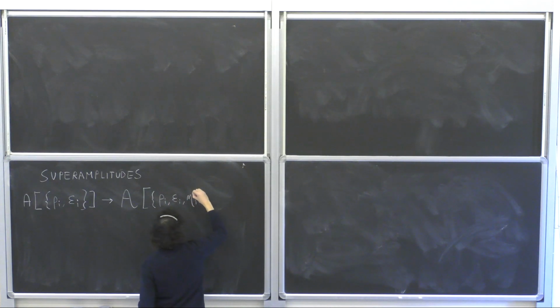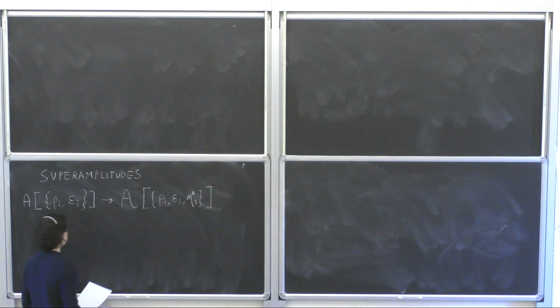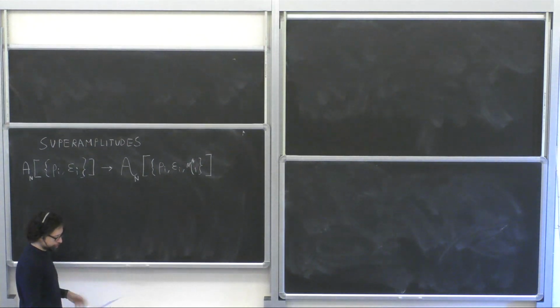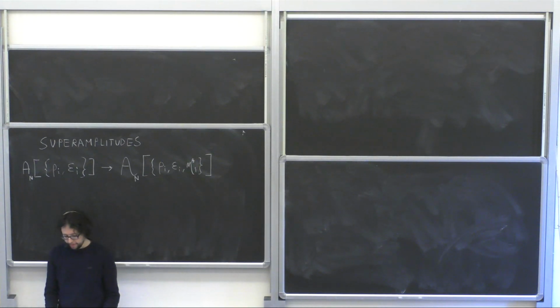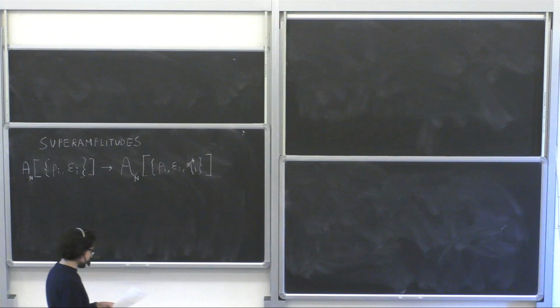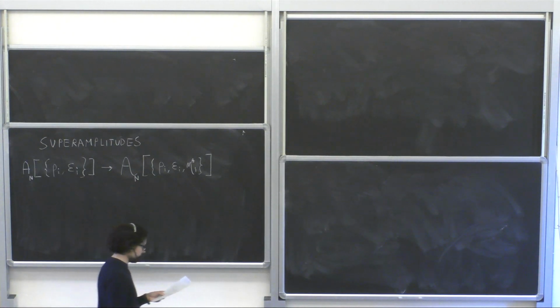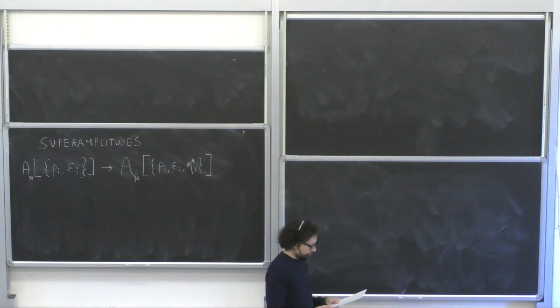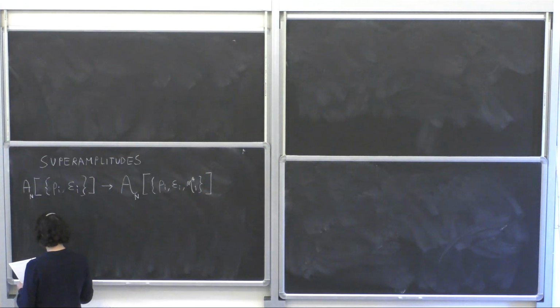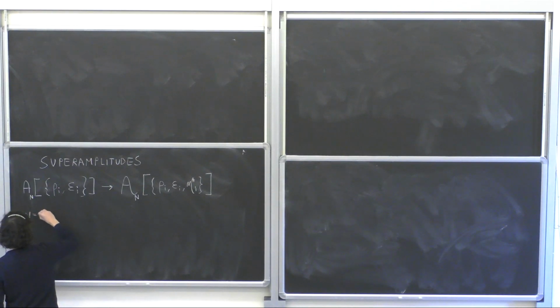We call these etas, and these will be Grassmann variables. So in a sense, the notion of a superamplitude would be a generalization of amplitude which accounts for extra kinematical data that characterizes no longer the asymptotic state, but rather the supermultiplet in which the asymptotic state lives. And in particular, we will focus here on the simplest example from an amplitude perspective, that is N equal to 4 super Yang-Mills.